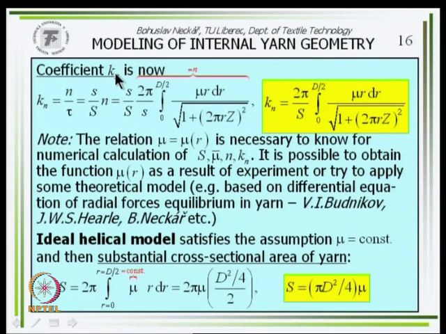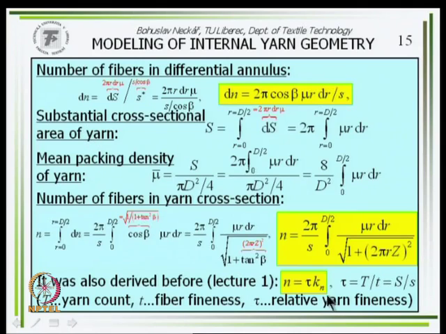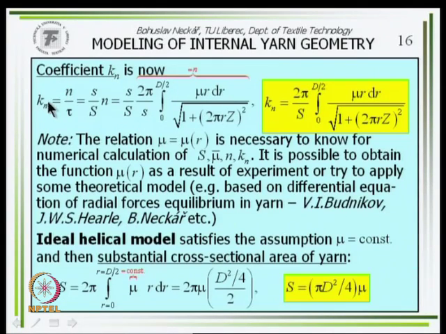The coefficient Kn, which is in this expression, can be derived from this as n by tau. Tau was in our lecture 1 also capital S by s times n, and we know that, so we obtain this expression for Kn.